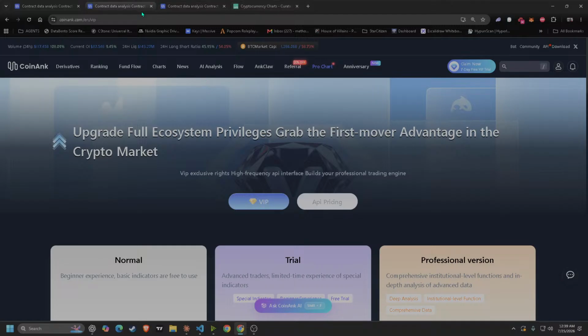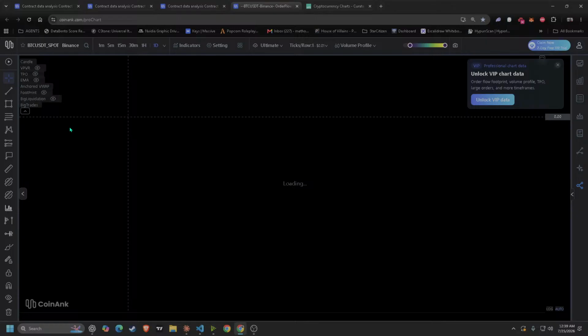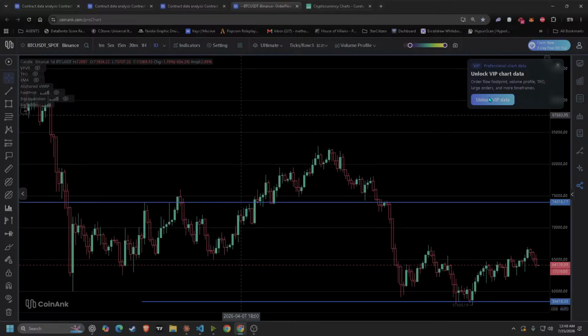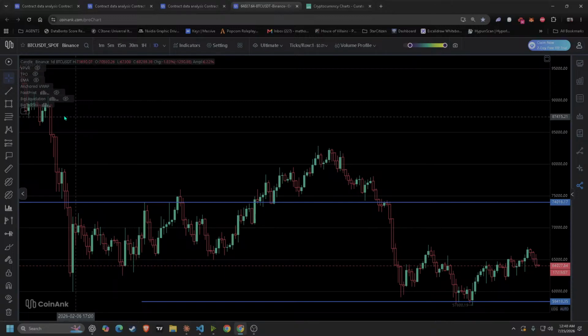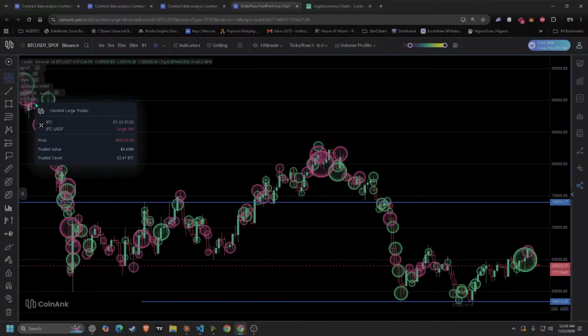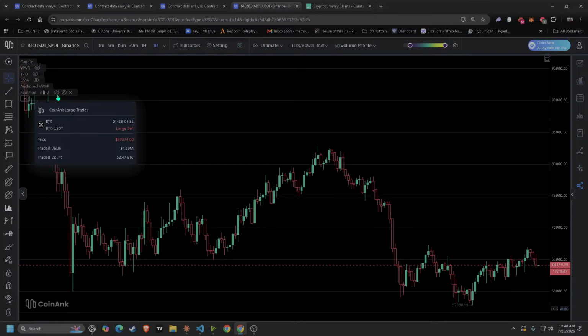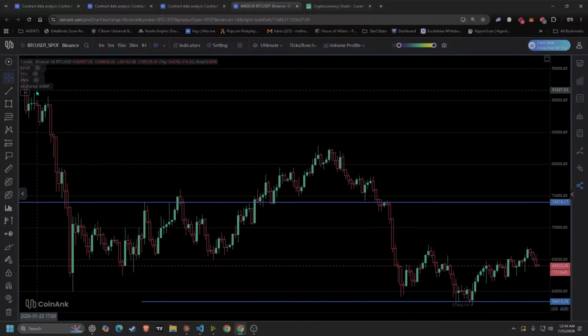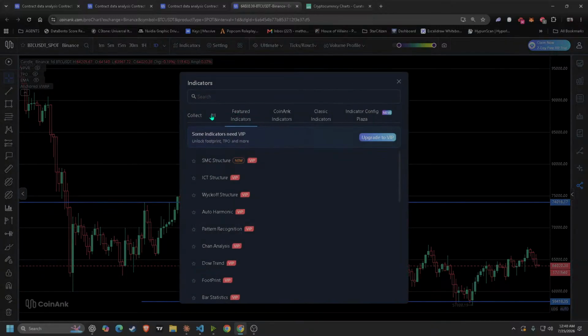Okay? That's why you pay. It's really slow. It's pretty sluggish. Unlocked VIP. I don't want any of this. I want a simple moving average.